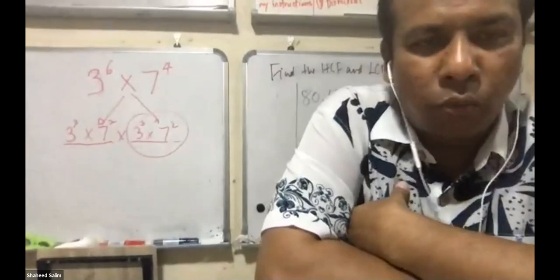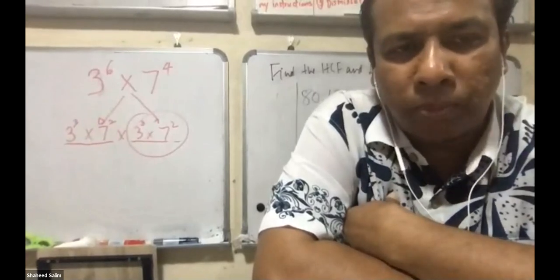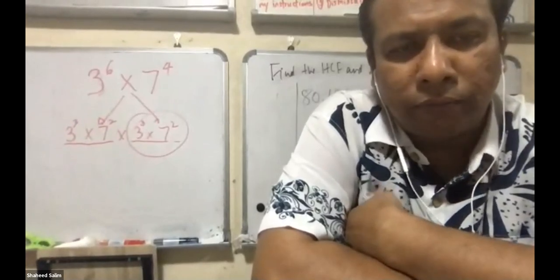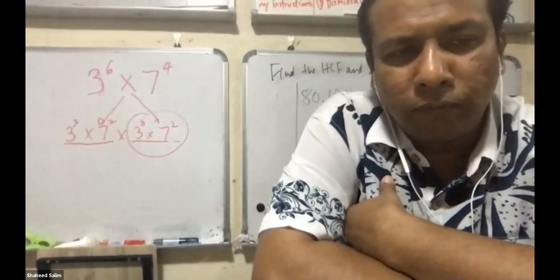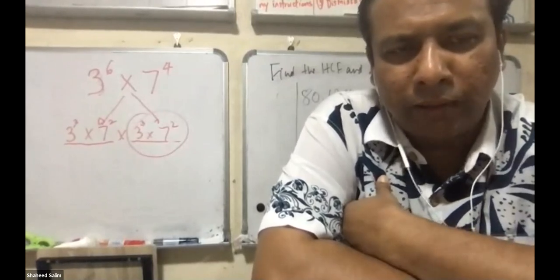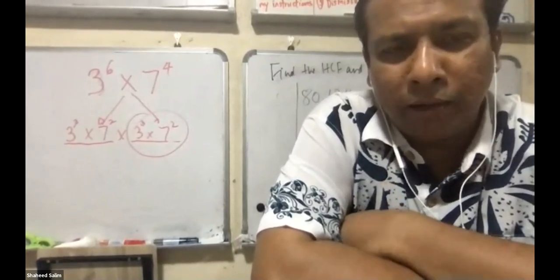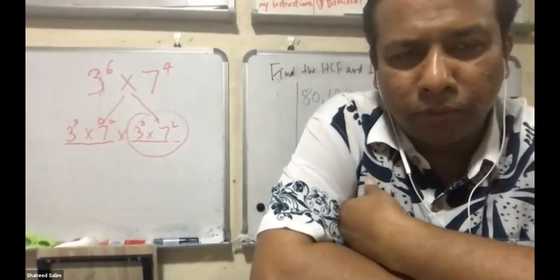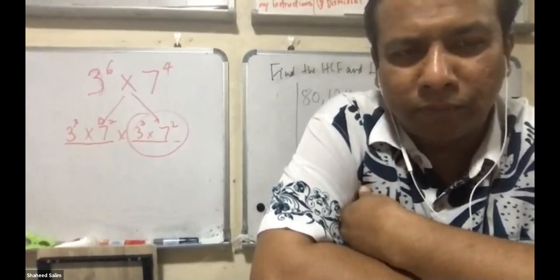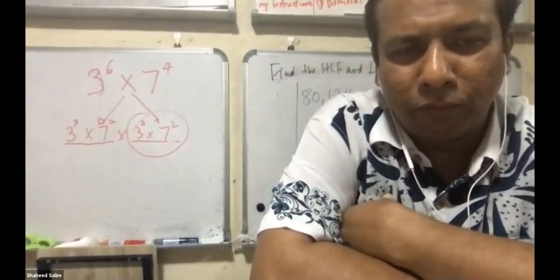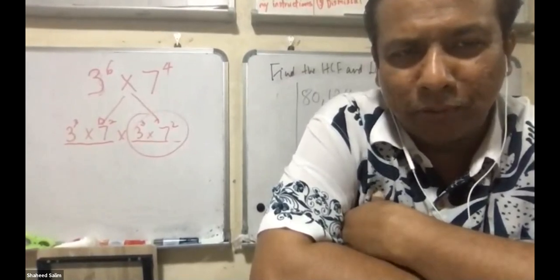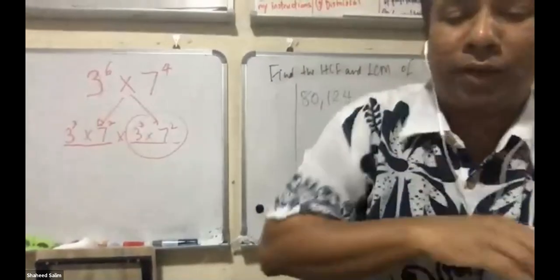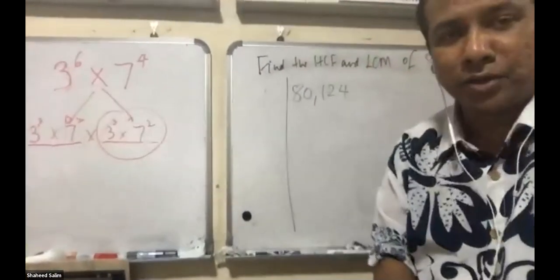Mr. Shafi'i, y to the power of 7 divided by y to the power of 2. 5, 4, 3, 2, 1. Okay, we try another one. Shafi'i, y to the power of 2 times y to the power of 7. 5, 4, 3, 2, 1. Okay, that means we have to revise.